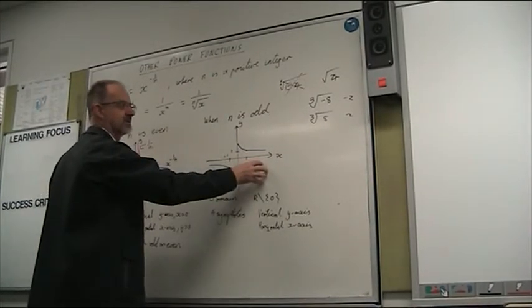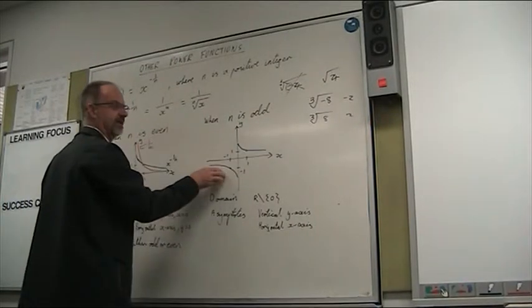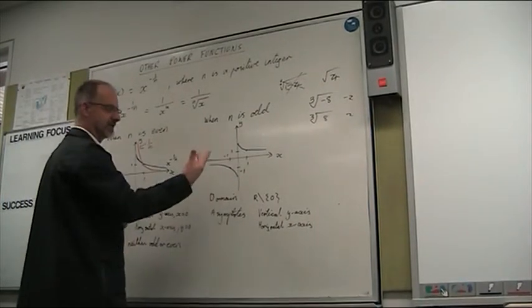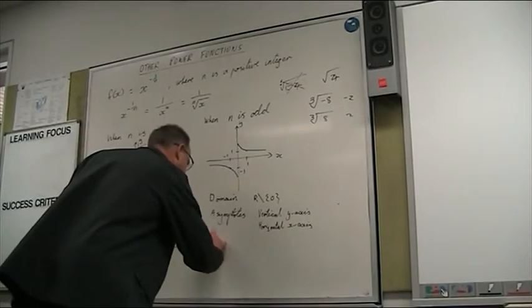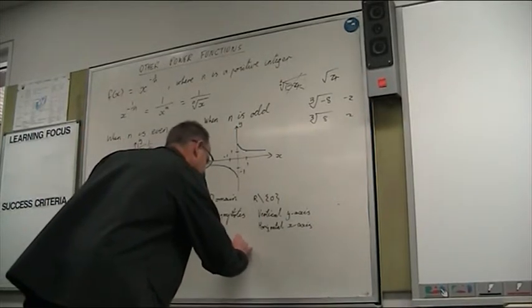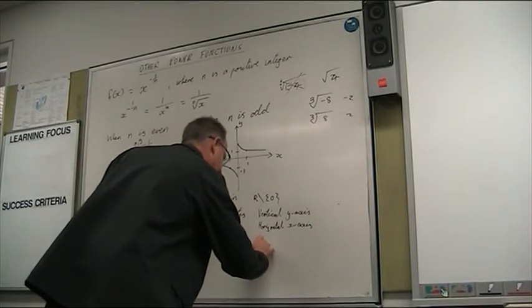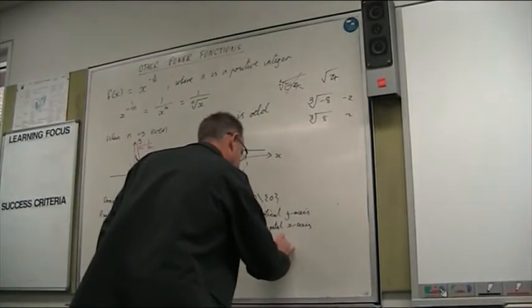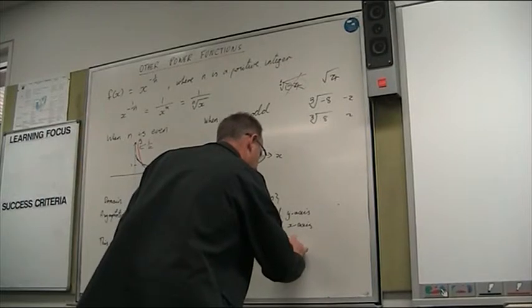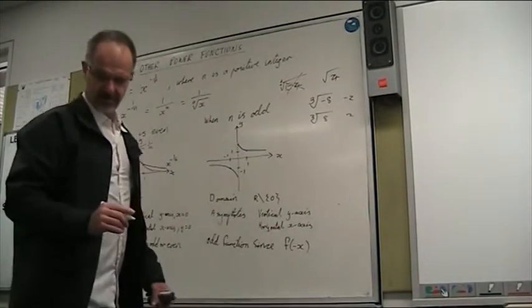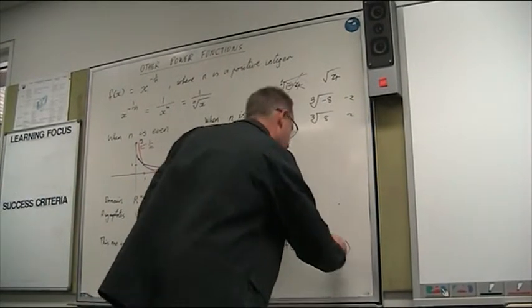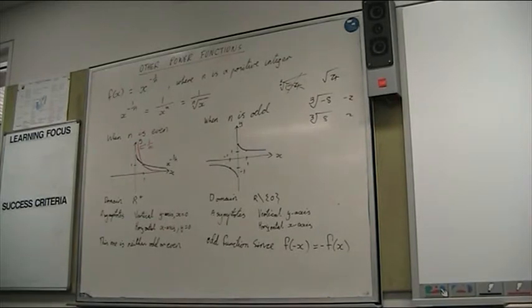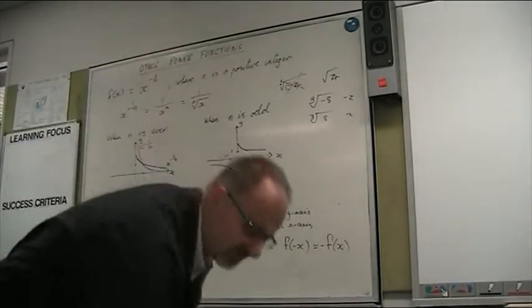Positive x's give us positive y's, negative x's give us negative y's, so that's what's defined as an odd function, since when we put the negative x's in, we get the negative of what we had when the positive x is going. All right.